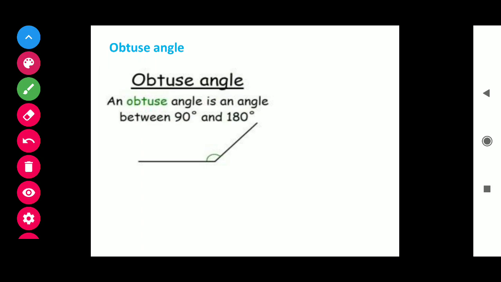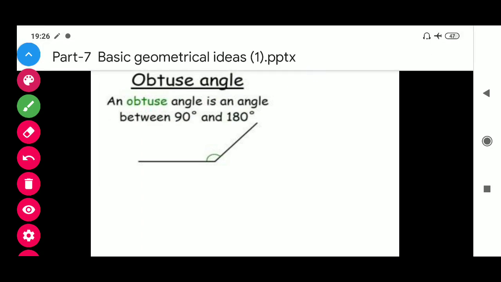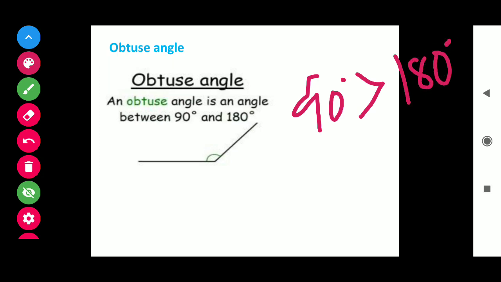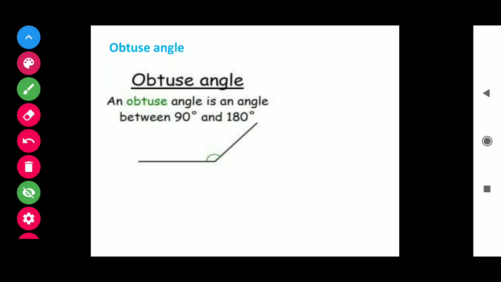Next one, the obtuse angle. When you measure an angle and if the measurement is more than 90 degrees and less than 180 degrees, then it is called an obtuse angle. An obtuse angle can be like this also.